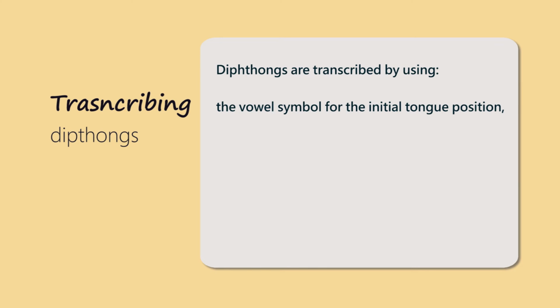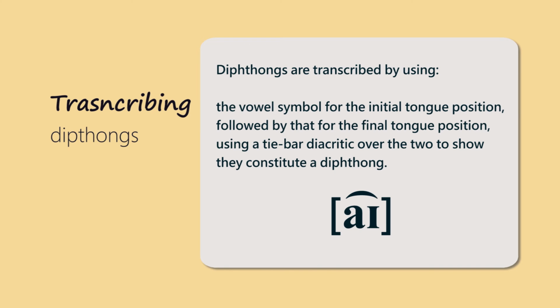When you transcribe a diphthong, you use the vowel symbol for the initial tongue position, followed by that for the final tongue position. To be precise, when you put the two symbols together, just to make sure it is clear that both of the vowel symbols stand together as one, you can put a tie bar on top of them, as you can see I've done here.